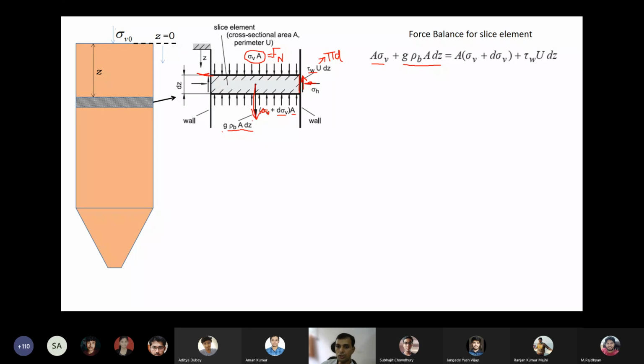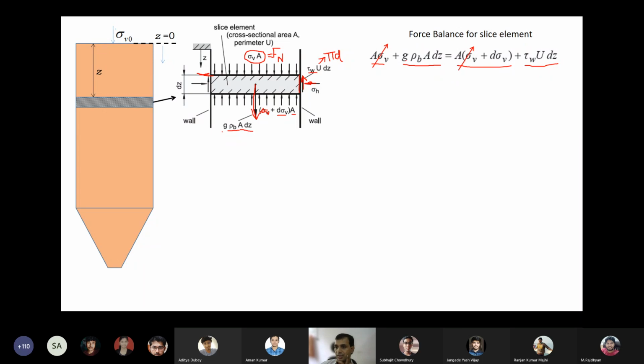Shear force acts in the upward direction, that is this shear force, tau W into U into dz. Then the upward normal force acts, and this one. So this is the total force balance. Simple, three forces act: normal force, shear force, and the gravitational force.